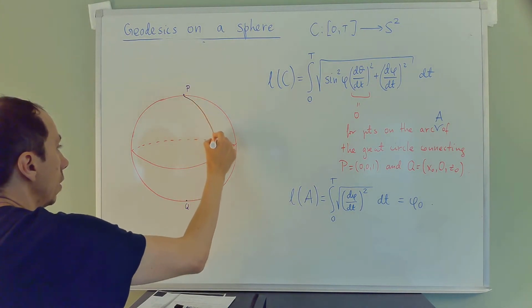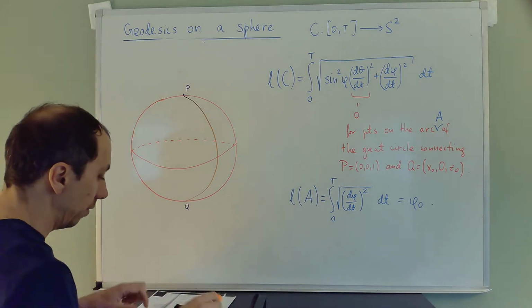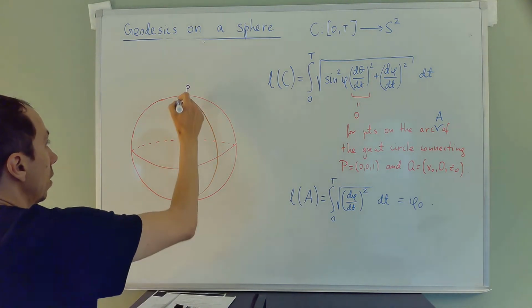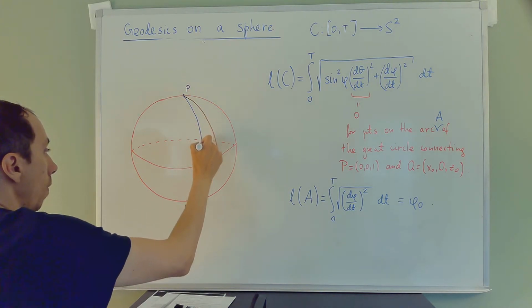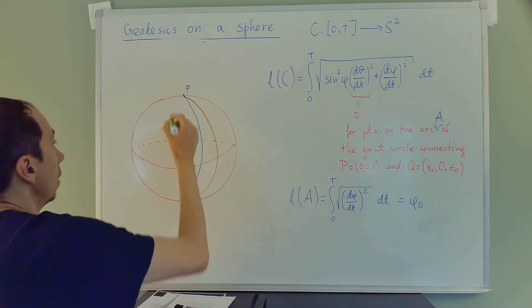So here's one great circle, but you can also have another one, say here, or on the other side.